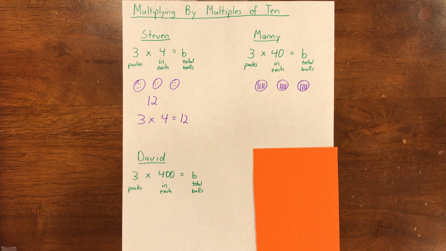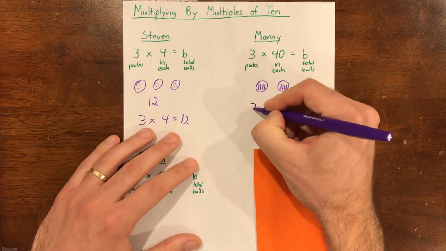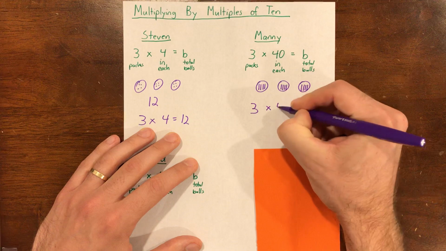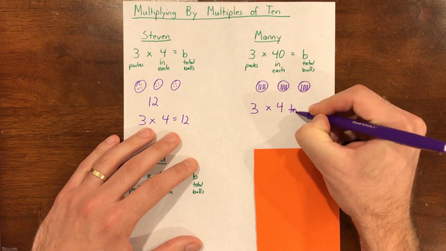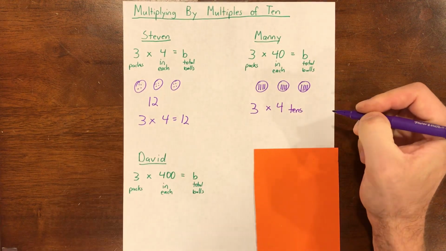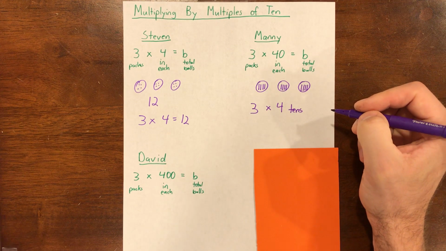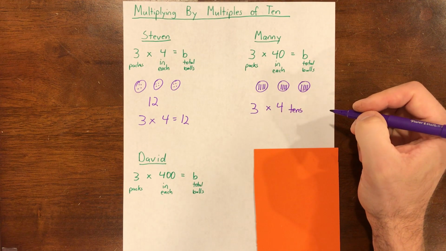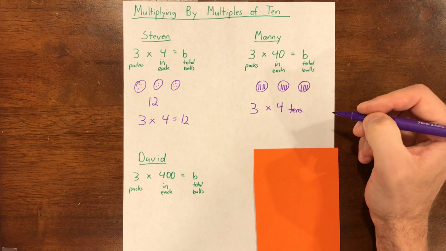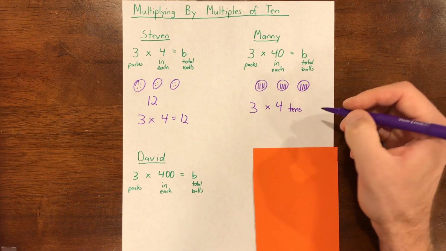Oh, interesting. We could think of 40 as 4 tens. So we could think of this problem as 3 times 4 tens. We know 3 times 4 is 12. And since we had 4 tens, 3 times 4 tens would be what?